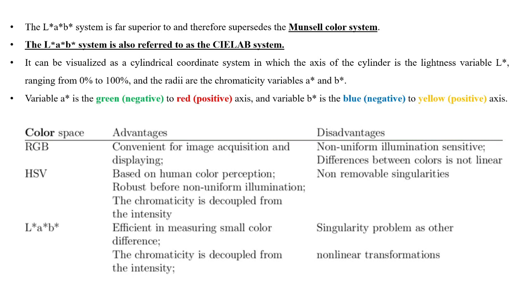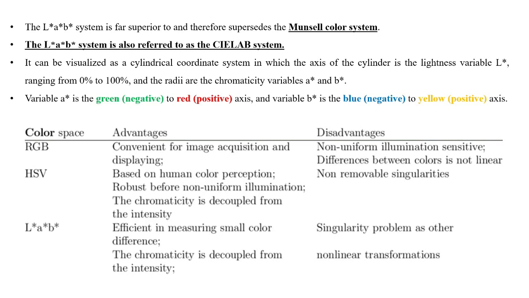So there are some limitations in every color space. Like if you go for this RGB color space, it depends on how you are illuminating the sample. It will depend on the light intensity, everything. If you reduce the intensity of the light, the RGB values will change. But to avoid that limitation, this HSV or we can say HSI color space came.